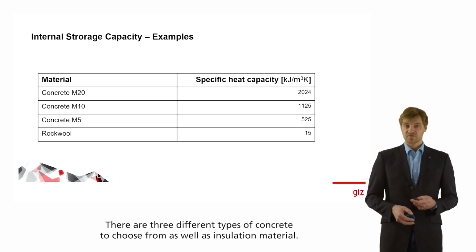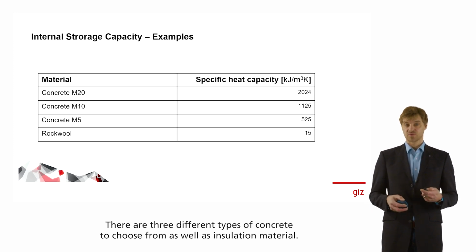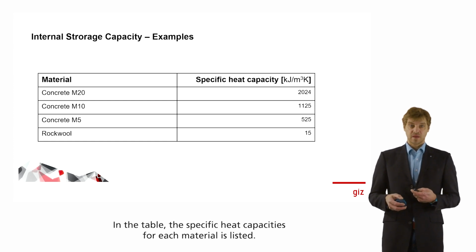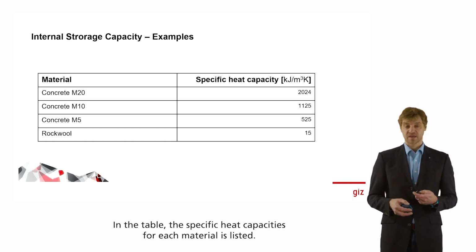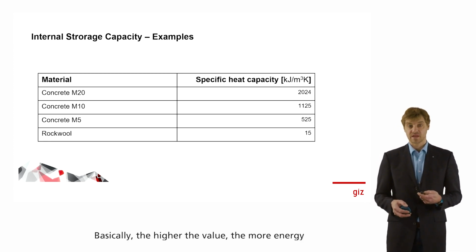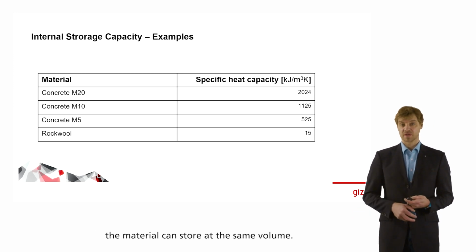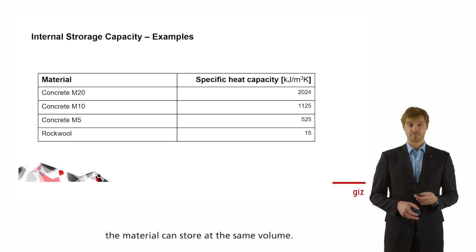There are 3 different types of concrete to choose from, as well as insulation material. In the table, the specific heat capacities for each material are listed.